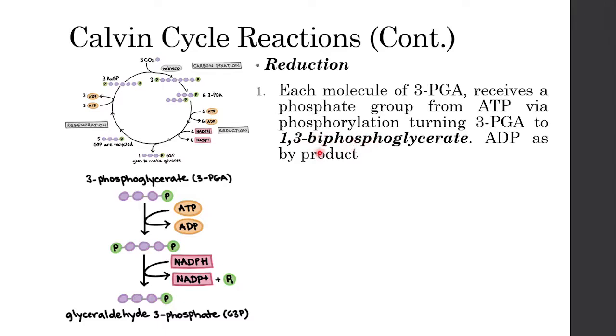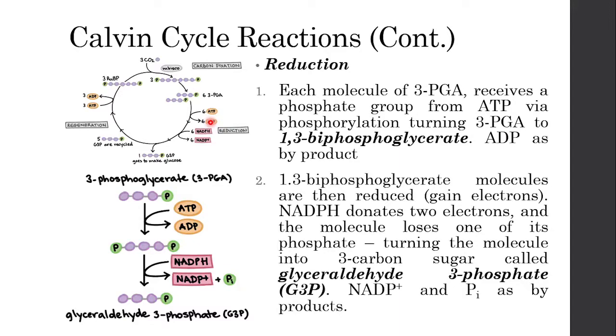Biphosphate because we have 2 phosphates, found on carbon 1 and carbon 3. So our 3-PGA is phosphorylated, which creates 1,3-biphosphoglycerate. And then we end up with 6 ADP as our byproduct.